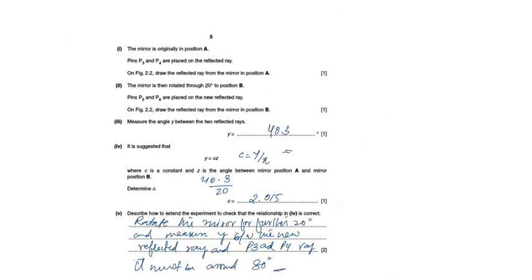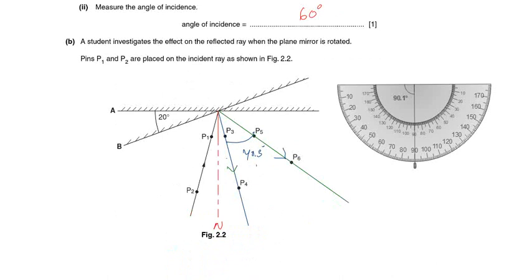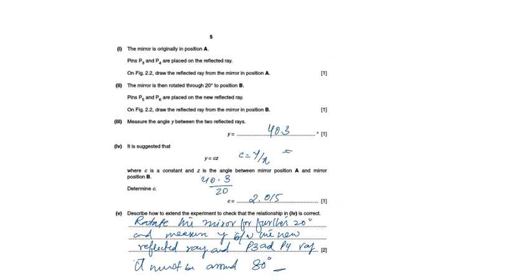Part 5: it is suggested that y equals cz, where c is the constant and z is the angle between mirror position A and mirror position B, which is 20 degrees. Determine c. So if y equals cz, then c will be y over z.